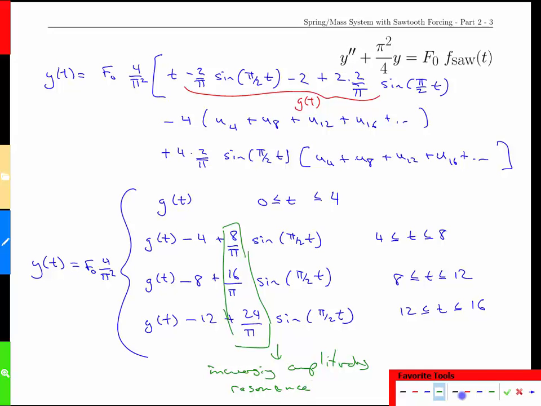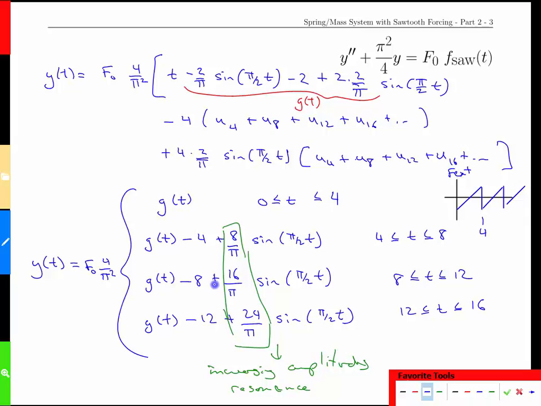So even with the Sawtooth function, that jagged drop function for our f external, because the period is 4 and we can get the adding and subtracting, or the pulling and pushing, in sync with the natural oscillations, what we're going to see in the long run is amplitudes that are growing as time goes on, and basically positive feedback in the system.